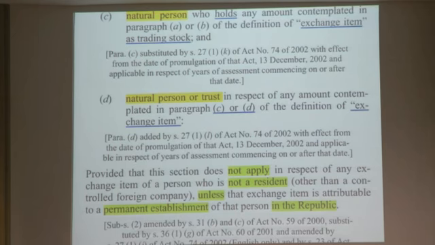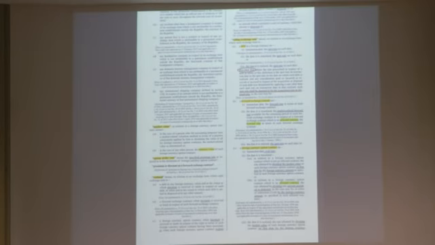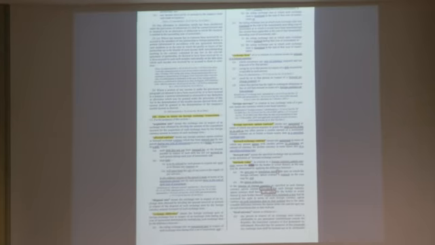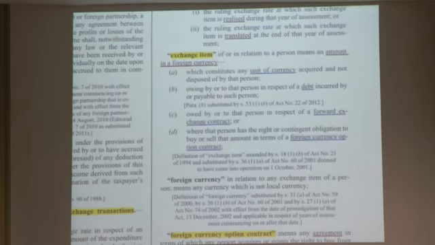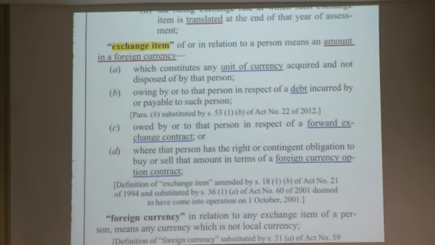Okay. So if you've done highlighting it, I just want you to turn back one page so that we can see that exchange item definition. Exchange item of or in relation to a person means an amount in foreign currency which constitutes any unit of currency acquired and not disposed of by that person, or any amount in foreign currency owing by or to that person in respect of a debt incurred by or payable to that person.